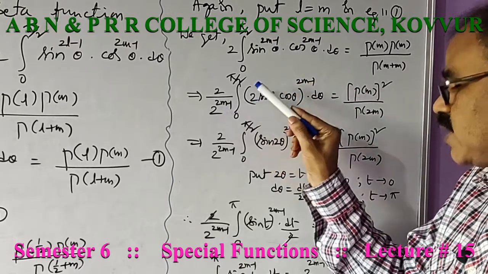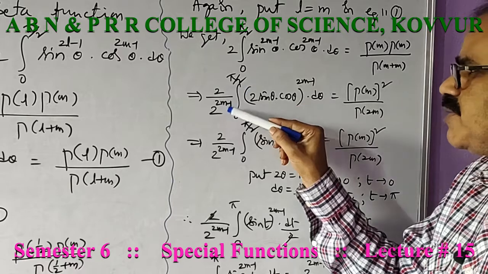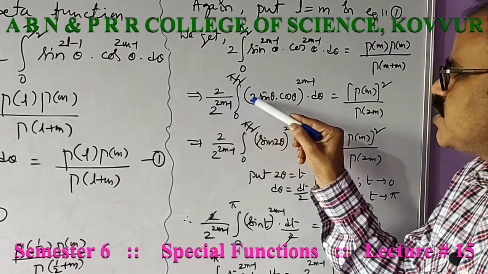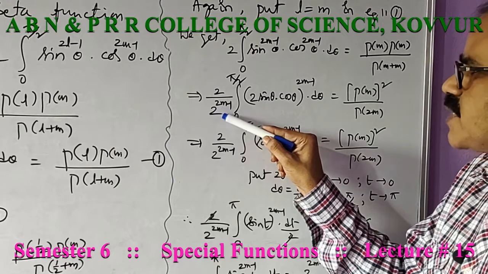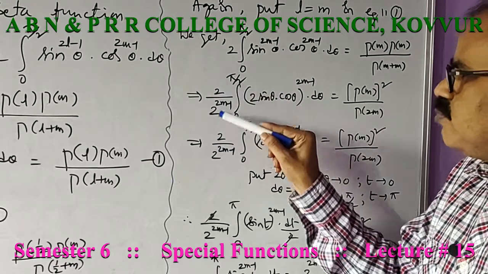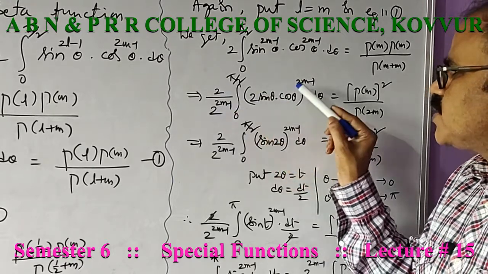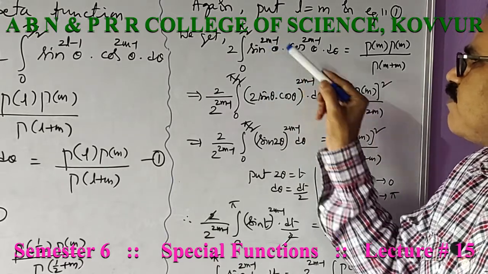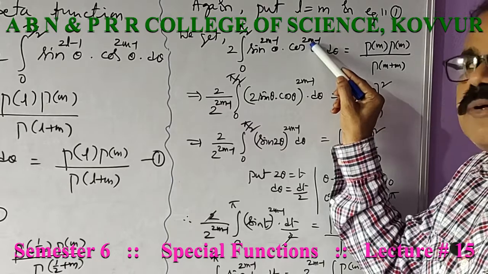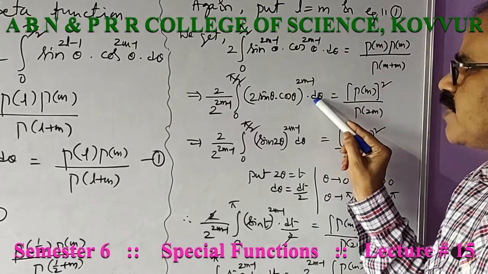I multiplied numerator and denominator with 2 to the power of 2m minus 1. Then 2 power 2m minus 1 by 2 power 2m minus 1 gets cancelled. So 2 by 2 to the power of 2m minus 1, 2 to the power of 2m minus 1 sin theta to the power of 2m minus 1 cos theta to the power of 2m minus 1 d theta.